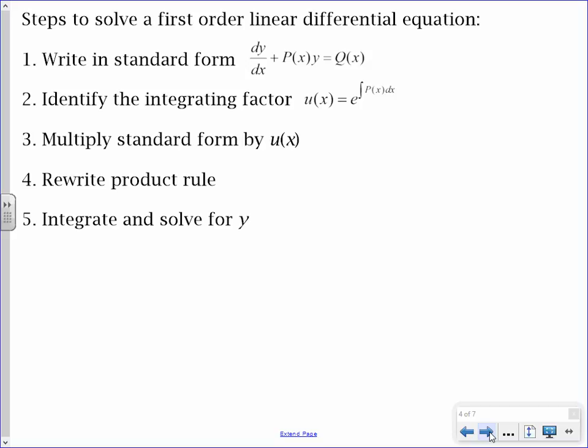So you're basically gonna go through what we did on that first slide, but with actual functions.